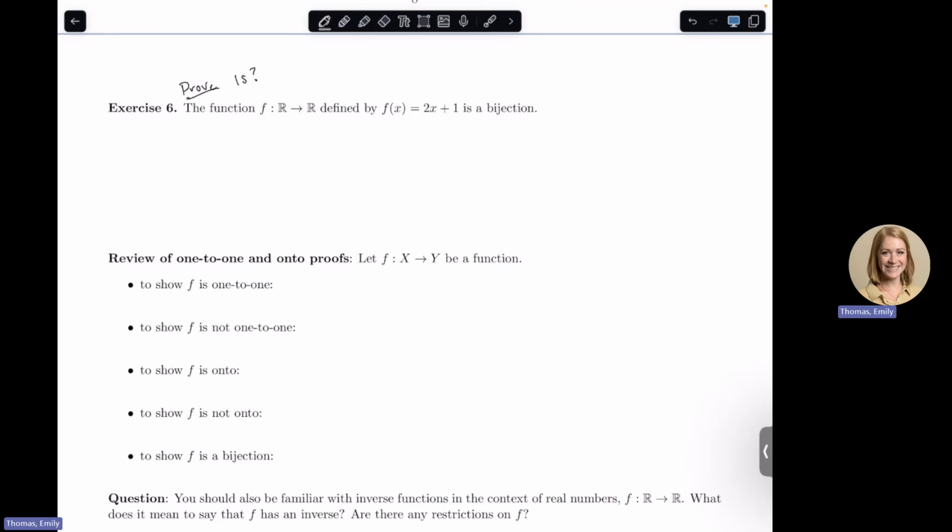What would it mean to be a bijection? It's both jections. It is injective, so it is 1-to-1, and it is surjective, it is onto. A proof that something is bijective is 2 proofs in 1. First, you're going to show it's 1-to-1, and you're going to show it is onto, and then you're going to say, since f is 1-to-1 and onto, f is a bijection.